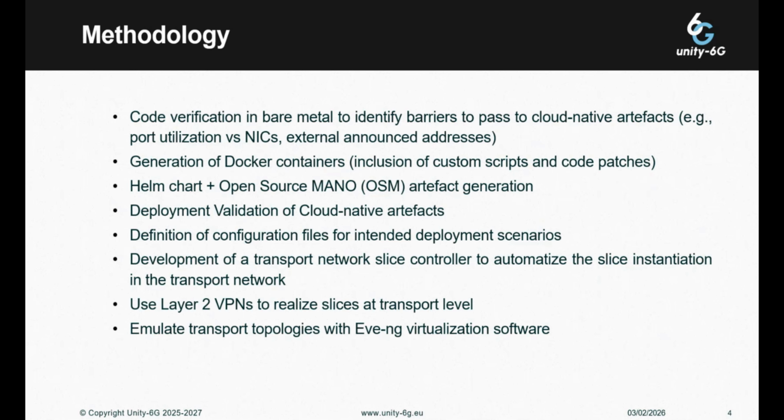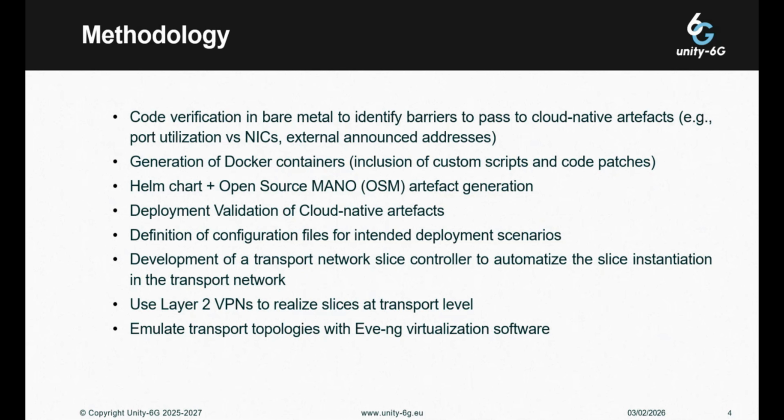So in order to do that, we followed this methodology. First we have to verify the capabilities of the open source code for the mobile network entities, like Open5GS for the mobile core and srsRAN for the RAN elements. And we check the configuration capabilities, having in mind a cloud native environment.